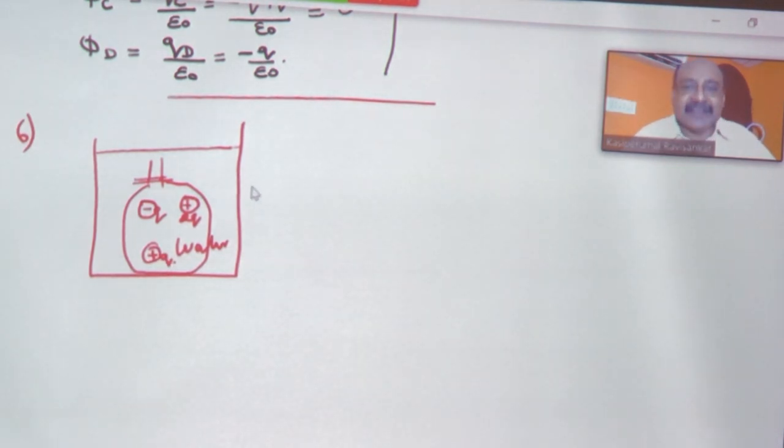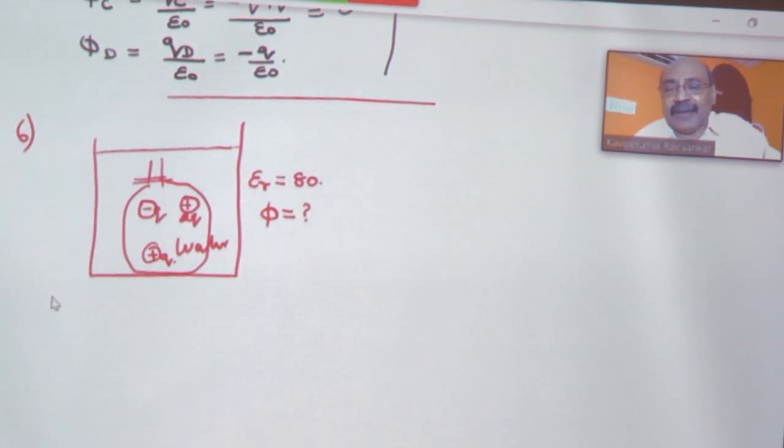The given relative permittivity or dielectric constant of water is 80. You are asked to calculate the total flux available for this closed surface which is kept inside water.